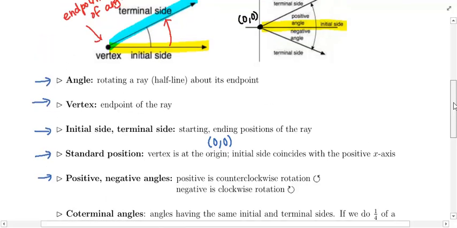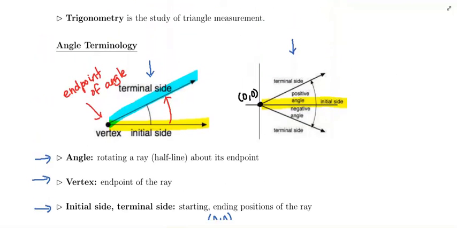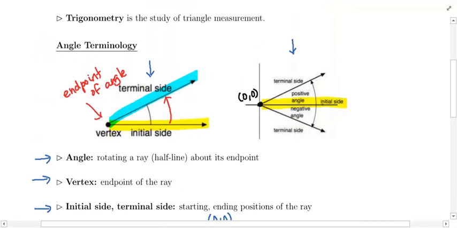If we go back up to this picture, let's take a look. You have your initial side and your vertex, and if we start with the initial side and the rotation goes up this way, think about that red arrow I just drew. It's going opposite the direction a clock would go, so that is counterclockwise rotation.